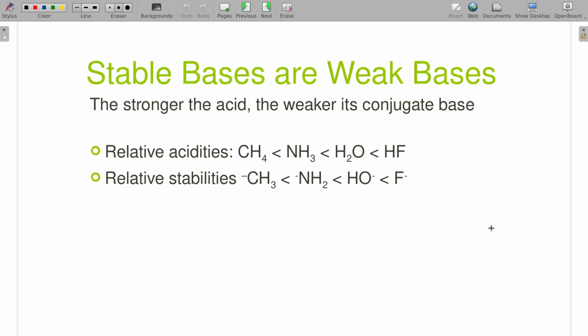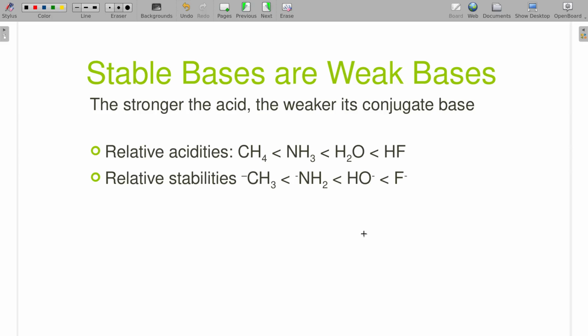Now, if you know the strength of the acids, you also know the strengths of the conjugate bases. Looking at HF versus H2O, since HF is the stronger acid, F minus is a stronger base than those two. Sorry, reverse that.